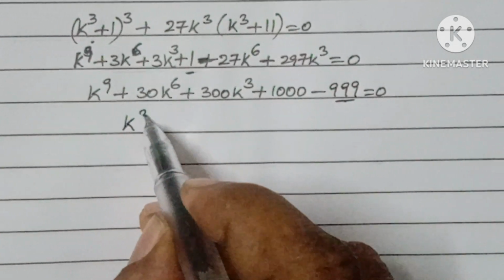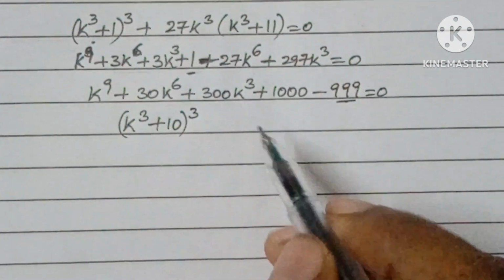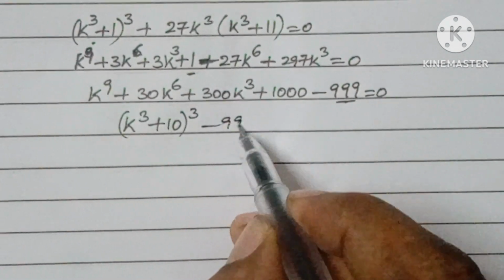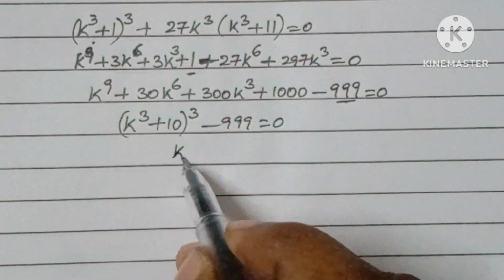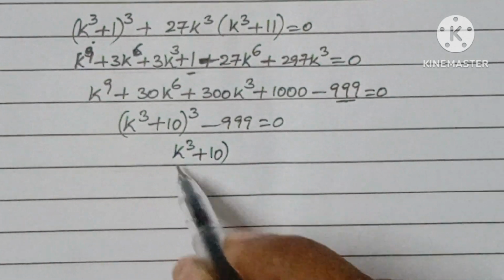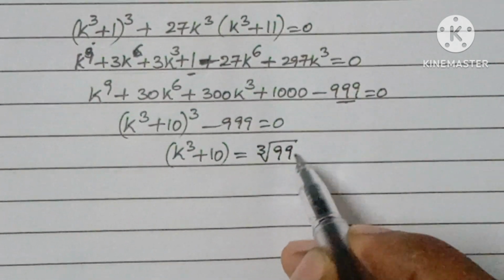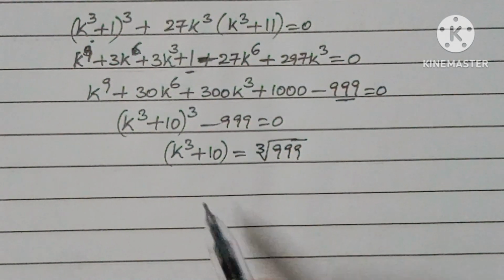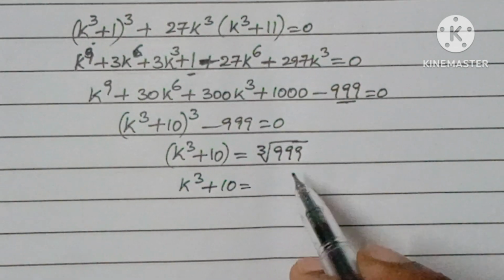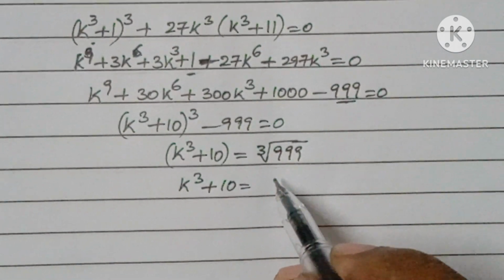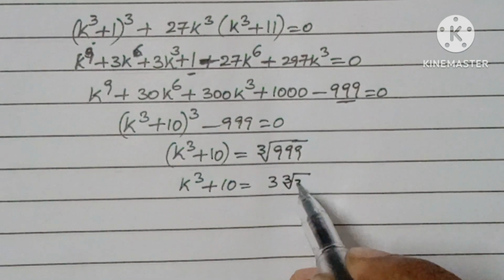So here we'll get K cube plus 10 whole cube minus 999 equal to 0. So K cube plus 10 whole cube is equal to 999. So K cube plus 10 is equal to, here you'll get 3 cube root of 37.